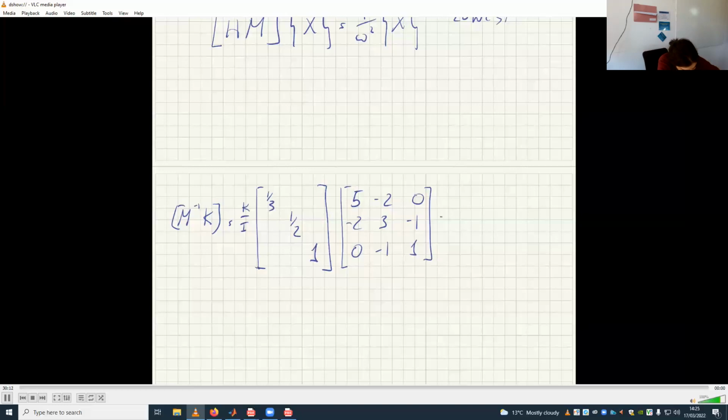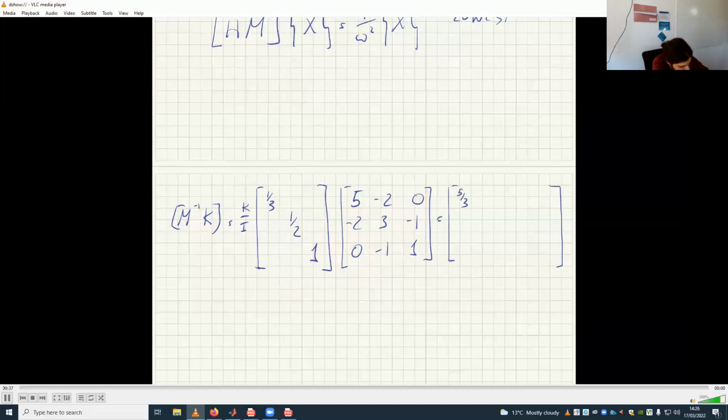Okay, this gives a matrix. The first element is row times column. So it's 1/3 times 5 plus 0 times minus 2 plus 0 times 0, so this is 5/3.